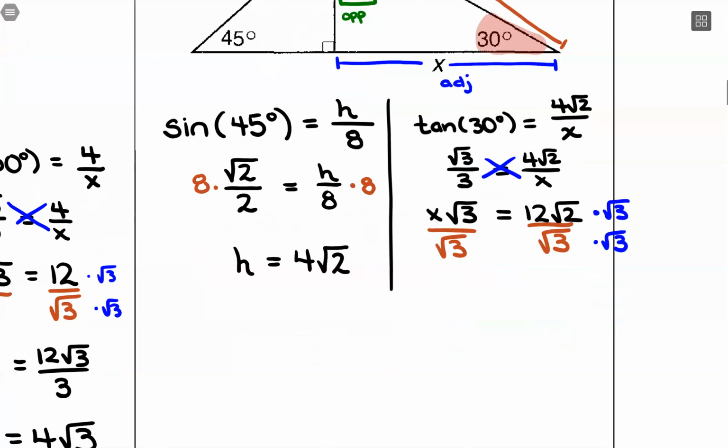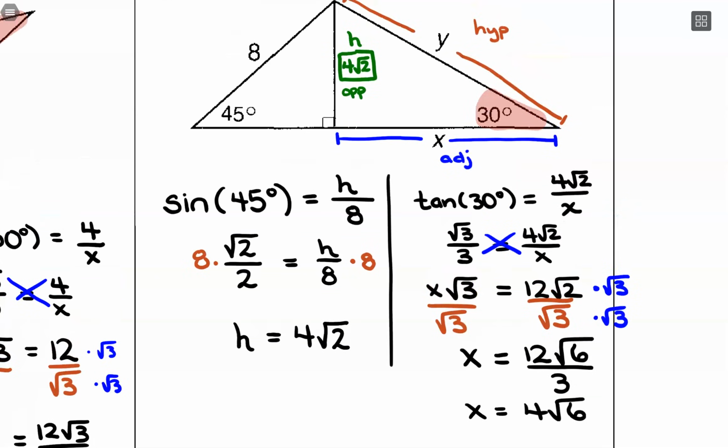So we'll have x equals 12 stays the same. Square root of 3 times square root of 2, so those will combine with the root 2 times 3, which is 6, and in the denominator 3. 12 divided by 3 is 4, so this is 4 root 6.